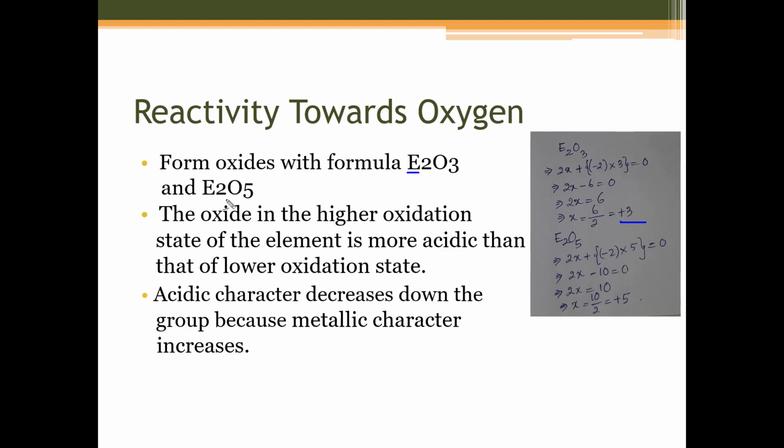And for the second oxide, the oxidation state of the central atom E is +5. That means the second oxide will be more acidic than the first oxide. And the acidic character of these oxides decreases down the group because metallic character increases.